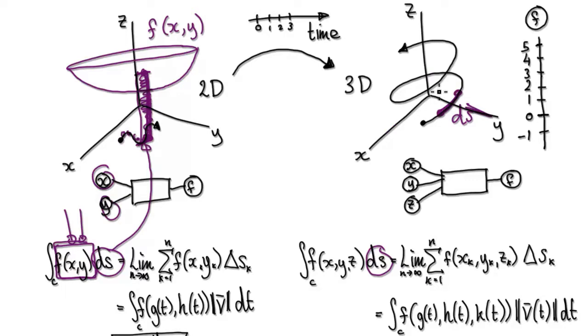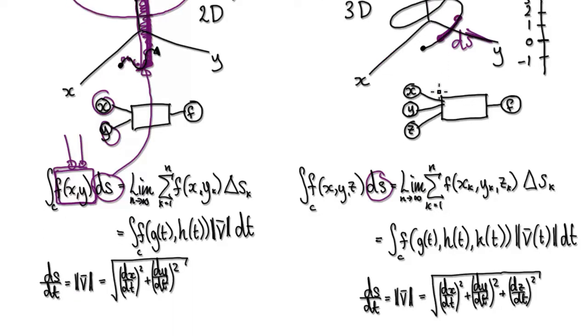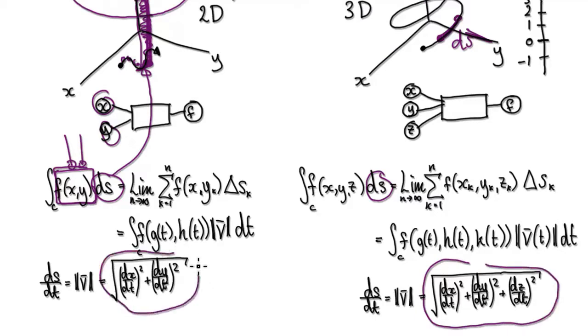So in 3D, you have to take this into account. In 2D, because you're living on the xy plane, this represents the arc length, whereas in 3D you have to take the height into account. We've seen this before, so I'm expecting you to have some sort of understanding.